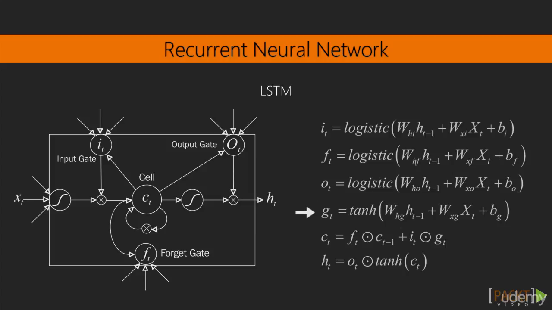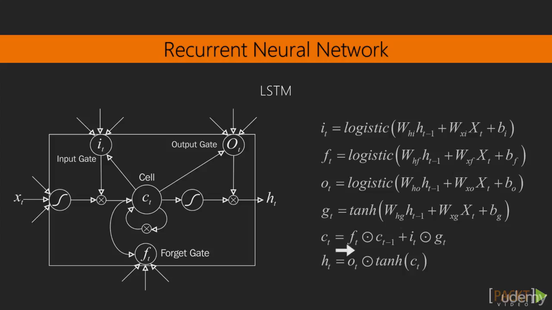We also have this update gate G, which is limited between -1 and 1 by the hyperbolic tangent. The next step is an element-wise product between the previous state of the hidden cell and the forget gate, plus an element-wise multiplication between the input gate and the update.